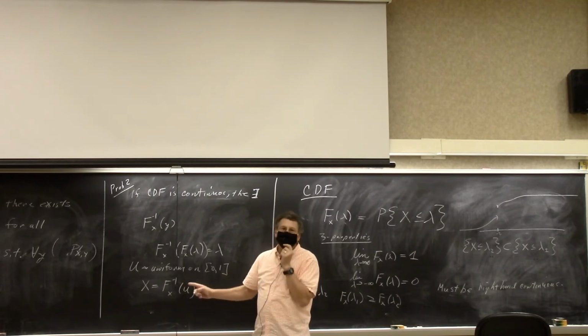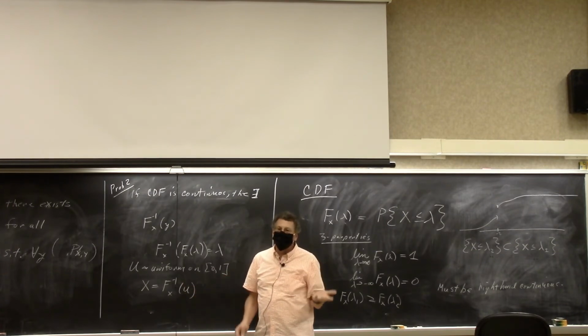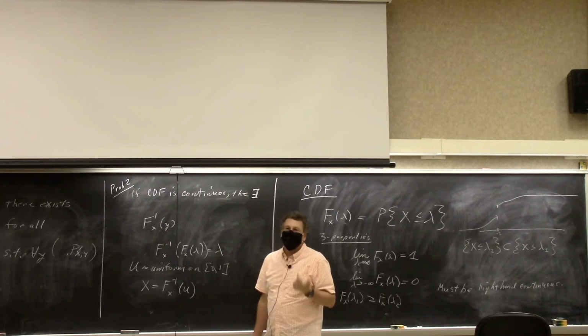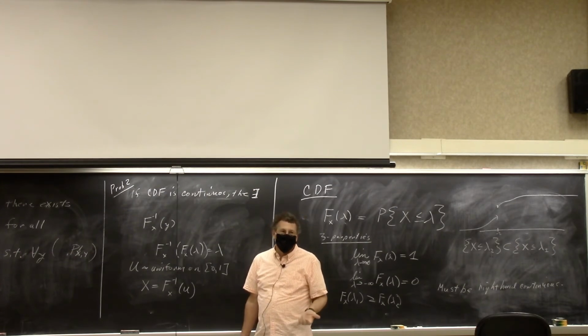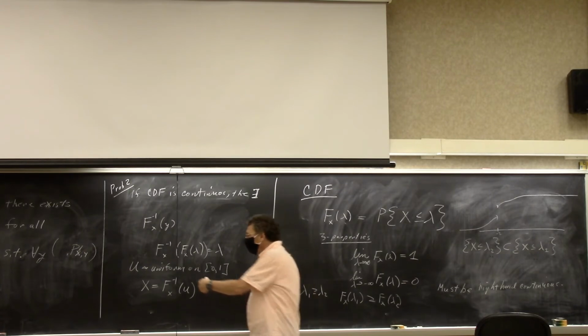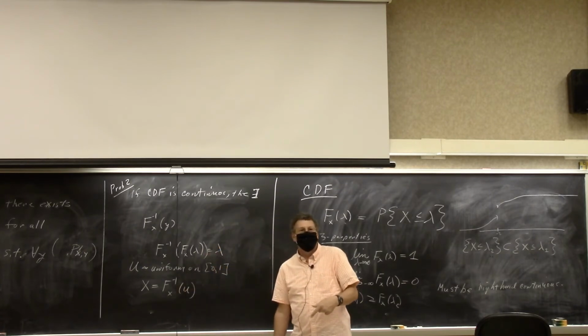What you do is you calculate their cumulative distribution function, you calculate the inverse of the cumulative distribution function, and then you generate a uniformly distributed random variable on the interval 0 to 1, and you put that uniformly distributed random variable into the inverse cumulative distribution function.